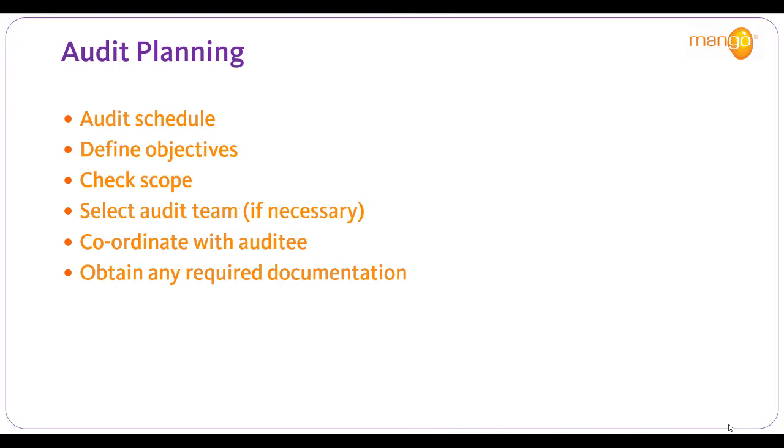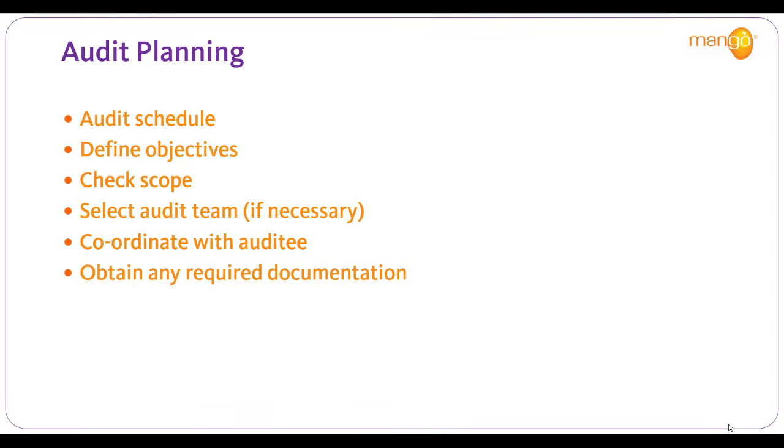Okay, let's have a look at the planning part. So you'll have an audit schedule that you'll be following, but in that planning phase, you're going to be looking at what's the objective of this internal audit. What are we trying to achieve? What's the scope? How does this process actually operate from what starting point to what ending point?